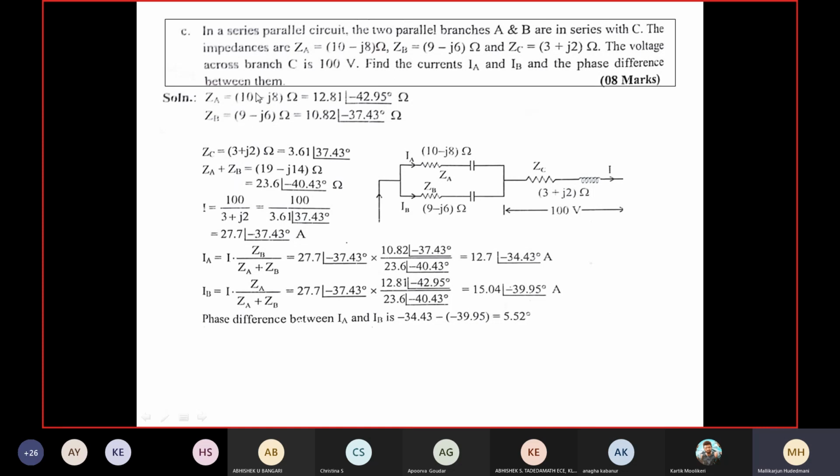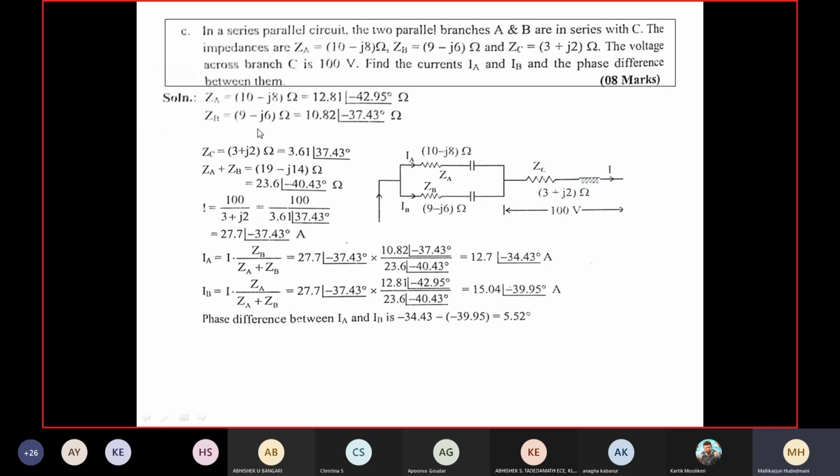ZA plus ZB means add these two. That is readily available as data here. That I place in the denominator. Main current into opposite arm impedance divided by the sum of the impedances in parallel. That gives me the current in both rectangular and polar. Here the rectangular value is not shown. I suggest you must do rectangular writing and polar answer writing without fail.